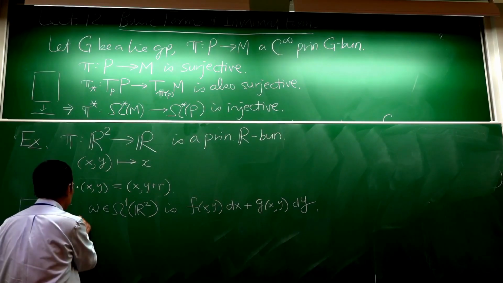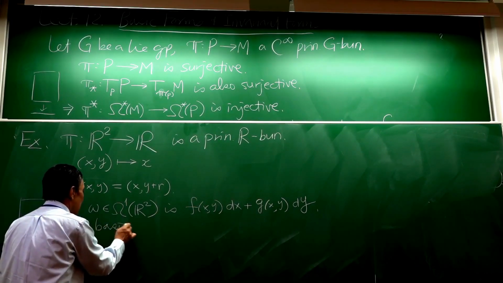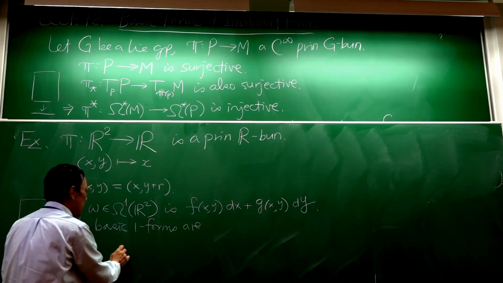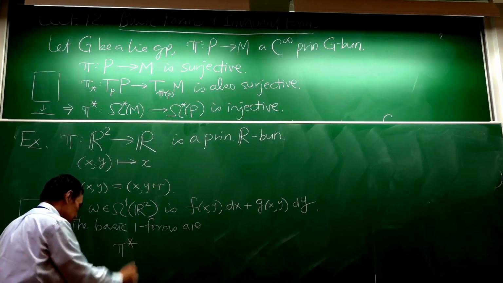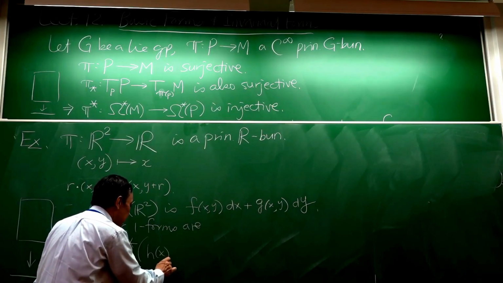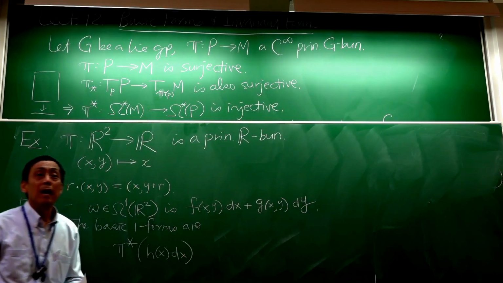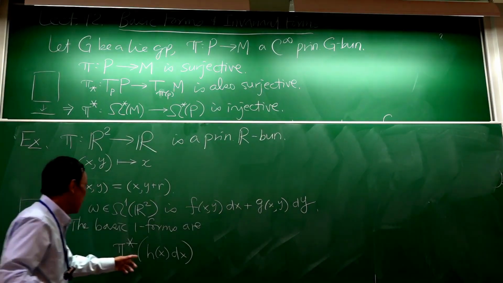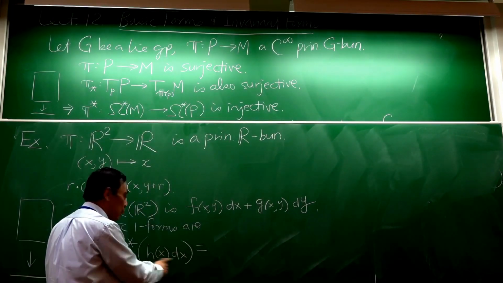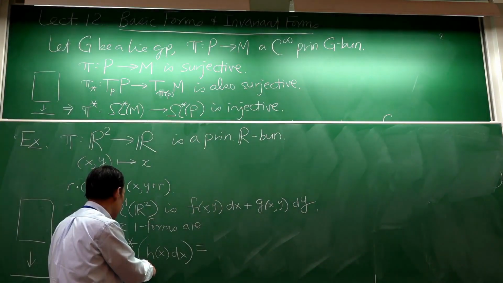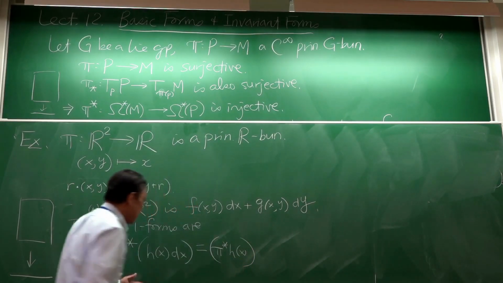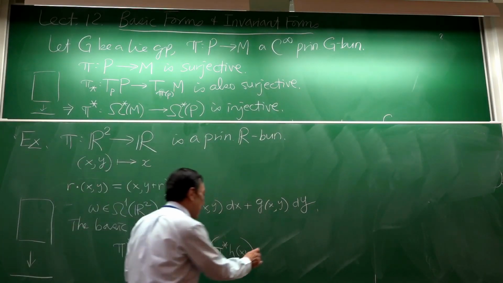And the basic one forms are pullbacks of some function h(x) times dx. The pullback of a product is a product of the pullbacks. So it's going to be the pullback of h(x), and the pullback of dx is dx.